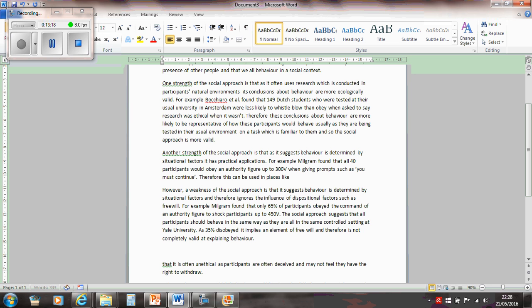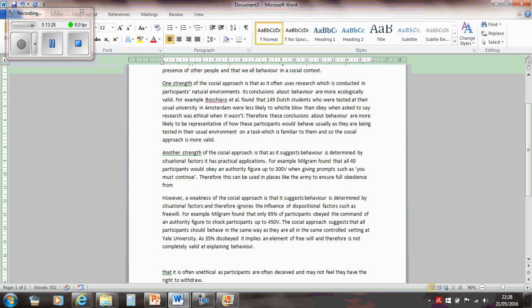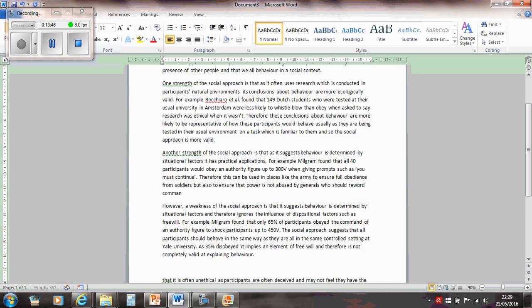in places like the army to ensure full obedience from soldiers, but also to ensure that power is not abused by generals who should reword commands, because you wouldn't get a choice in the army.